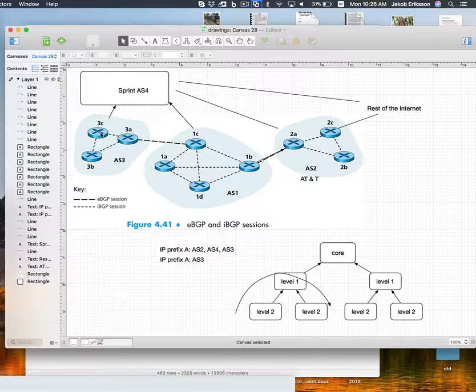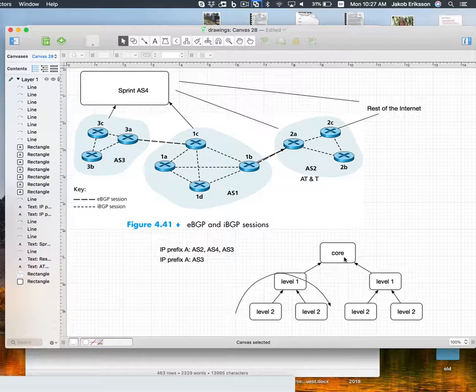So Urbana couldn't go to Sprint and then down to us and then up to AT&T, right? They don't get to use our internet link. They have to go up to Sprint and then across to AT&T, because those are both part of the core network.